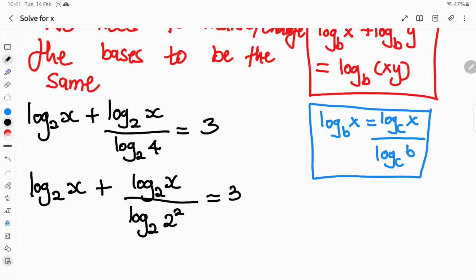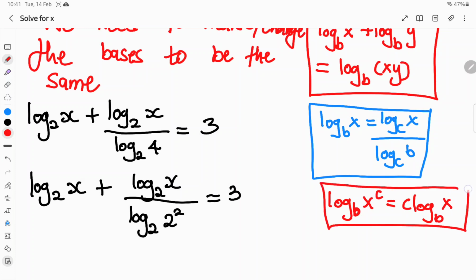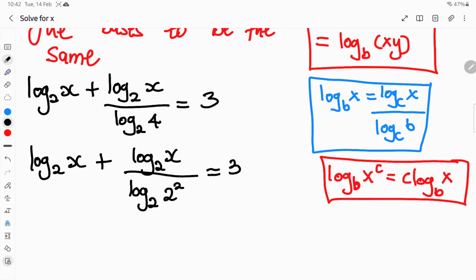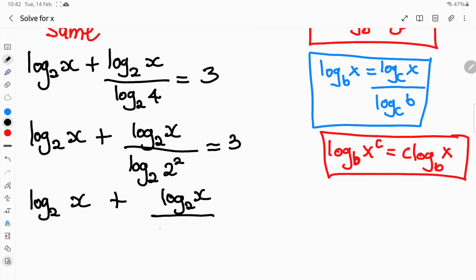Then we're going to use the law that says log base b of x to the power c equals c times log base b of x. Remember this law. That's what we'll use on the denominator there. So this remains untouched, log base 2 of x plus log base 2 of x over 2 log base 2 of 2, equals 3.